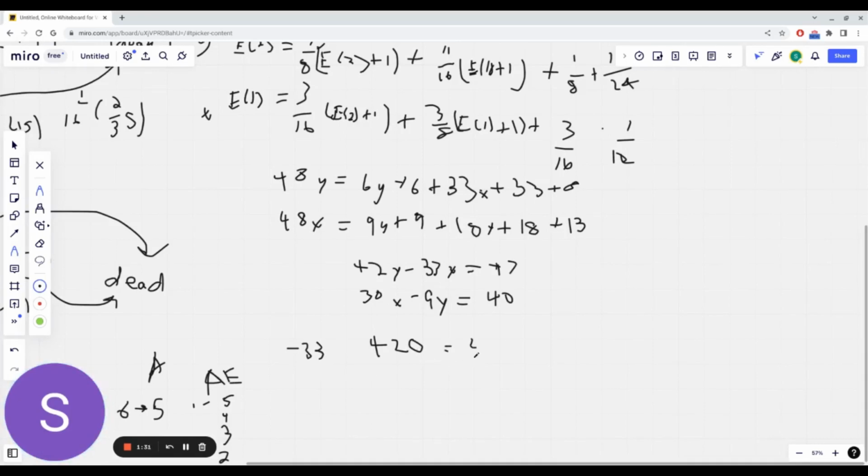This is not really matrix form, but it's just drawing is hard on the computer. And then the second equation, multiplying by 11, we have 330. Oh, not minus 33, minus 330. And this multiplied by 11. And then 440.